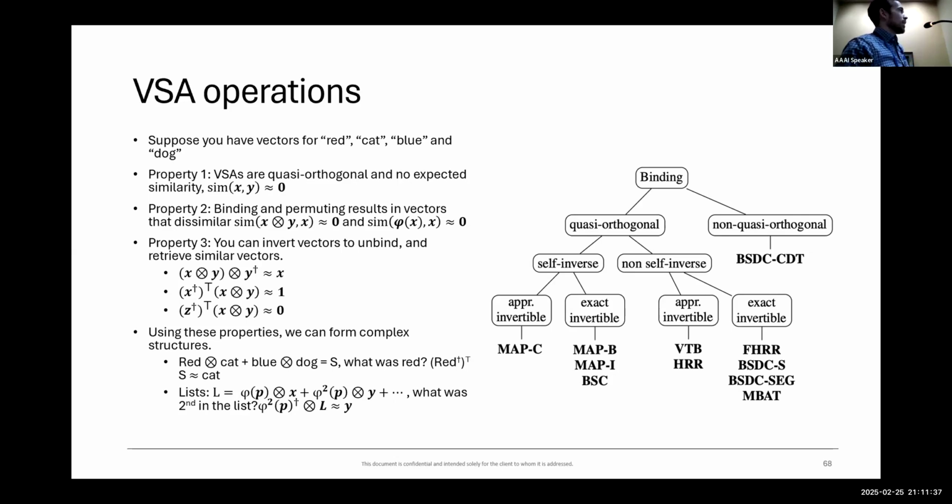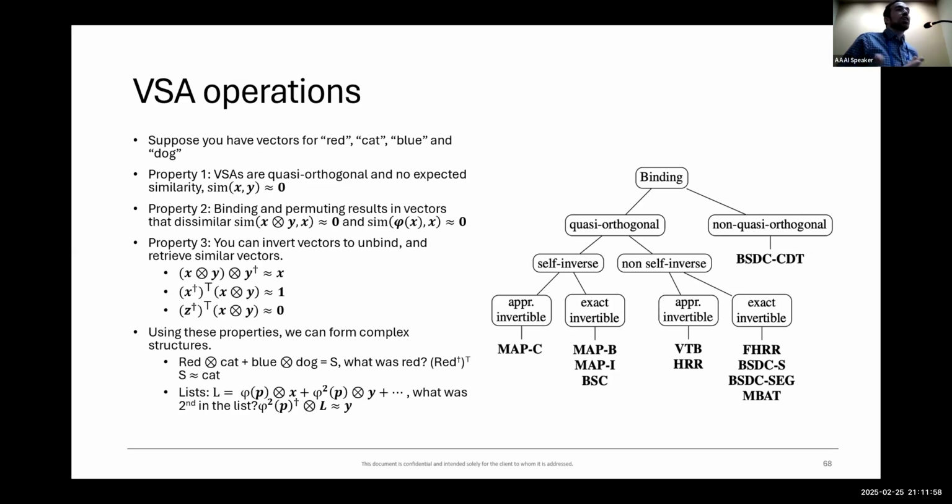Imagine you have the sentence, the red cat and the blue dog. If you use word2vec to embed each of these words into a vector and then add all those vectors together, which is a very common thing to do today, you can't distinguish order.